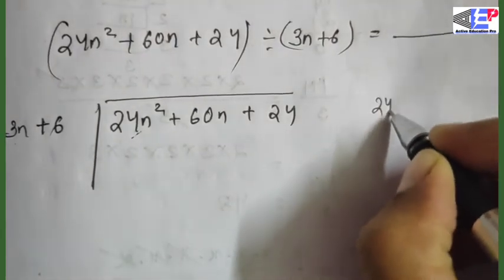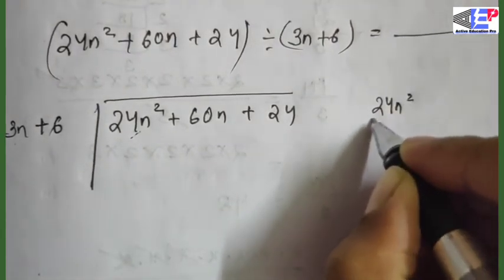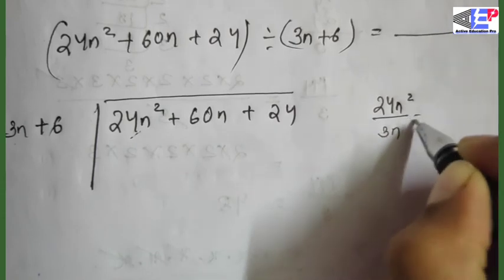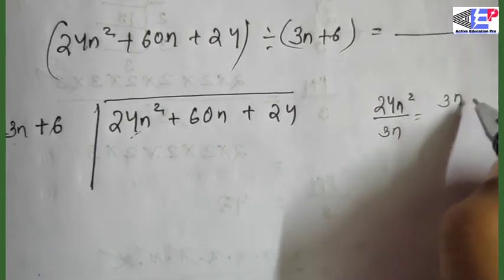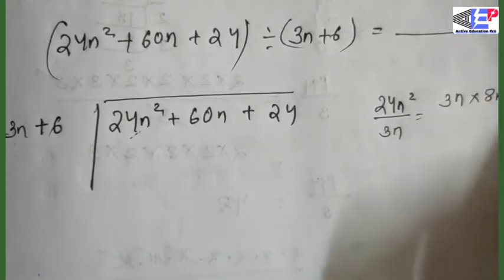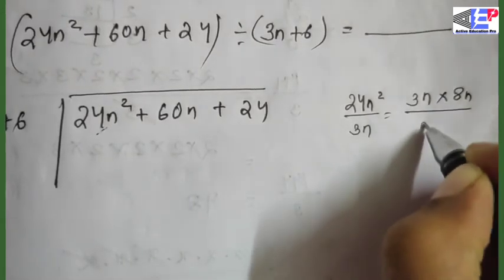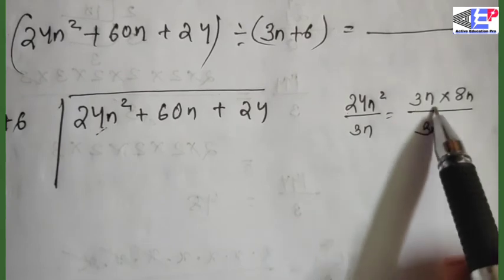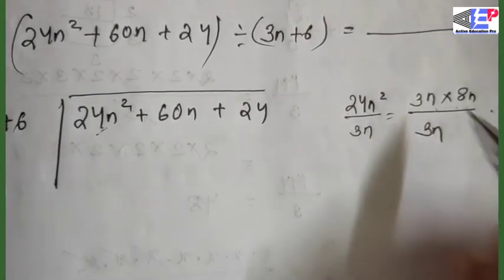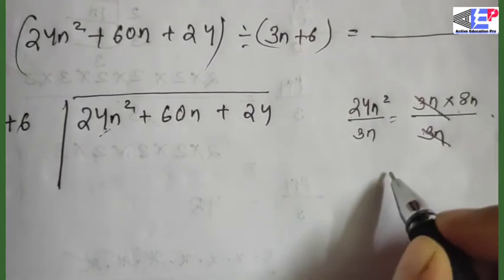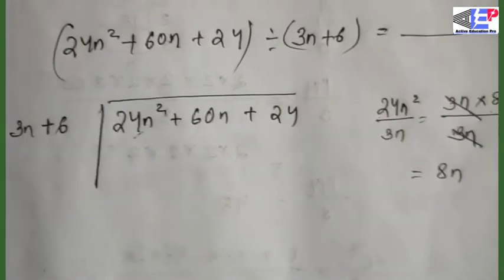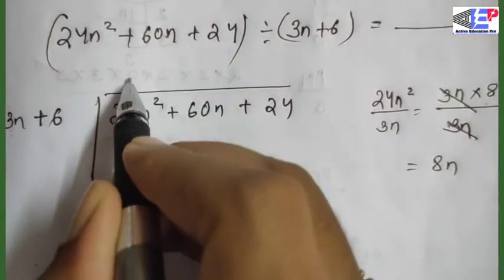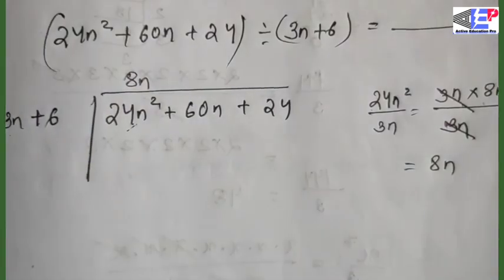First get the division result of the first term, 24n square by 3n. If we factorize 24n square, it becomes 3n into 8n, and dividing by 3n, cancel the 3n and your answer will become 8n. Then write the same answer at the quotient place, 8n.